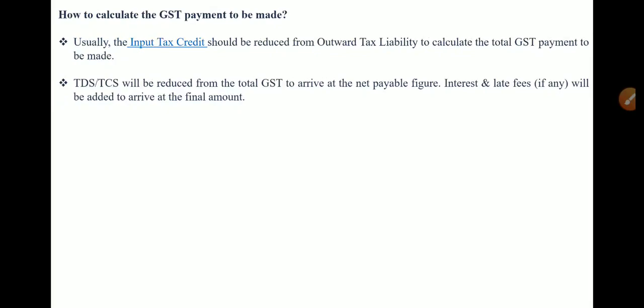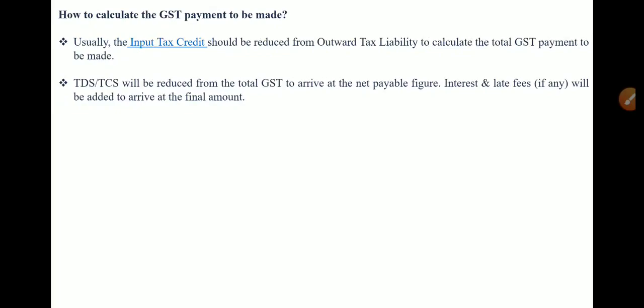Input tax credit means, if A sold goods to B, and B sold goods to C, then the GST paid by A will automatically be credited to him. Like that the chain goes on till the final customer or final consumption of the goods and services. Likewise the input tax credit will be applicable.